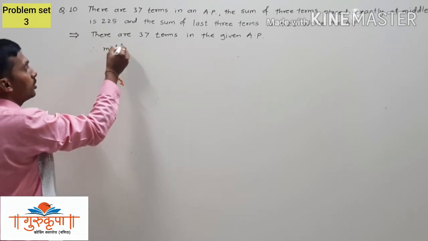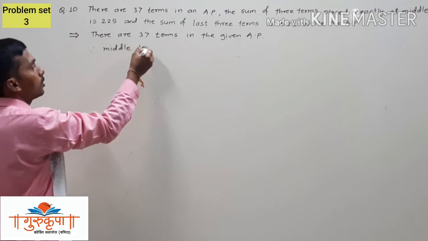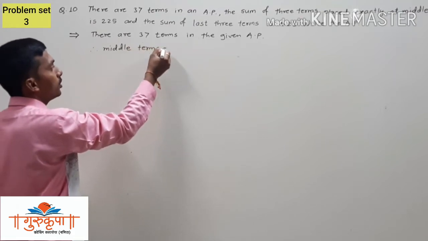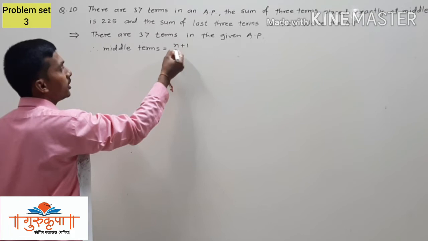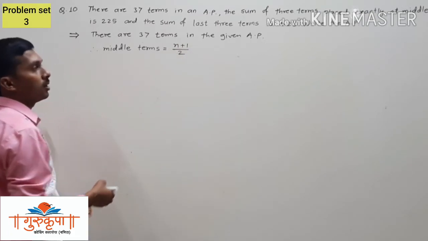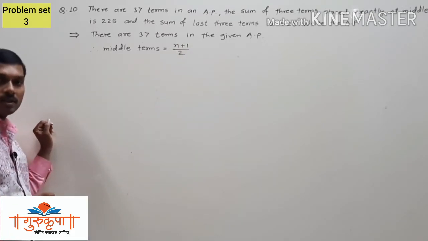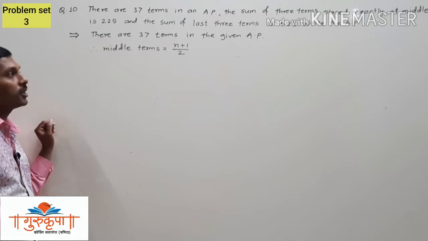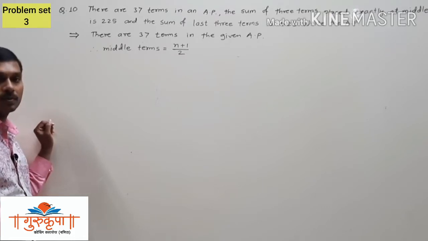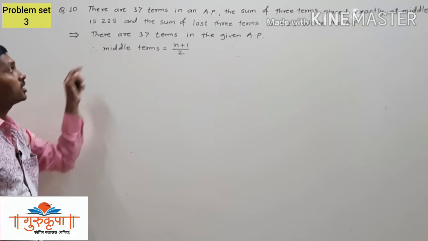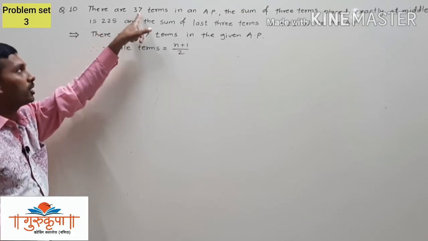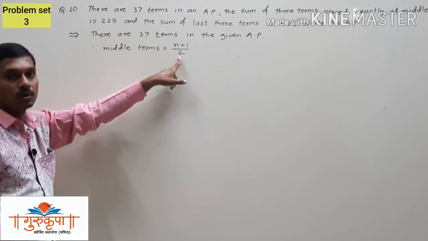middle term is equal to n plus 1 divided by 2. We will get the middle term there. Since there are 37 terms, we cannot divide 37 by 2.